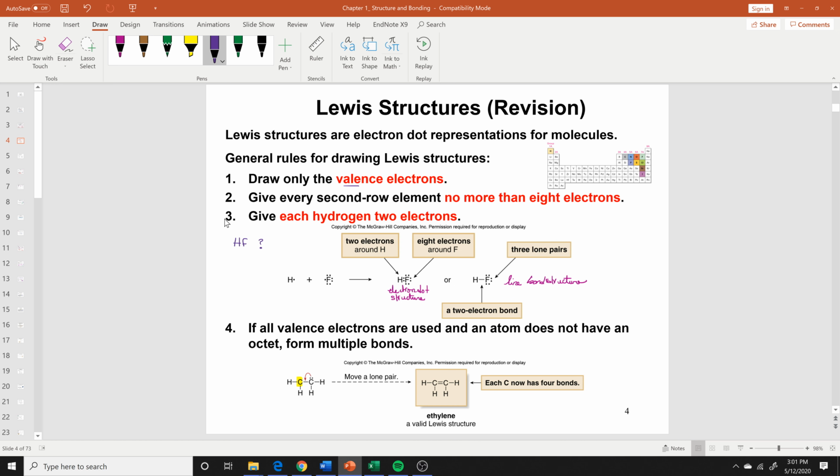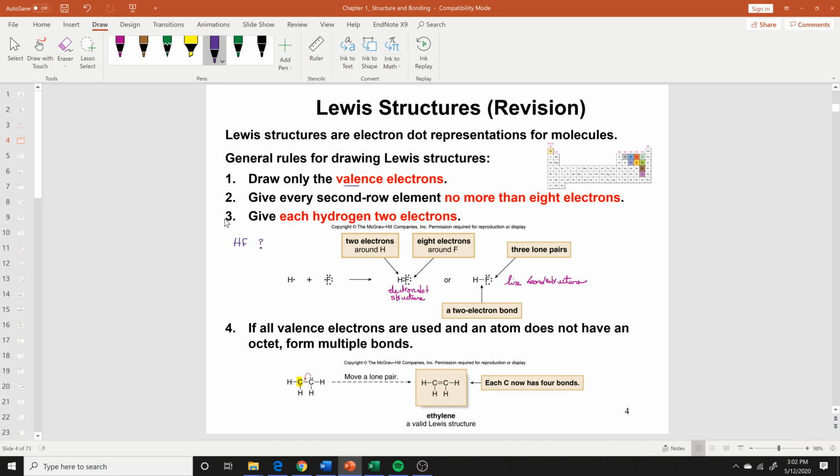Drawing the Lewis structure means showing how the electrons in the molecule are distributed in the structure. So a Lewis structure is basically a drawing of how electrons are present in the structure. At the end, your structure should show the electrons that are present in the whole compound.